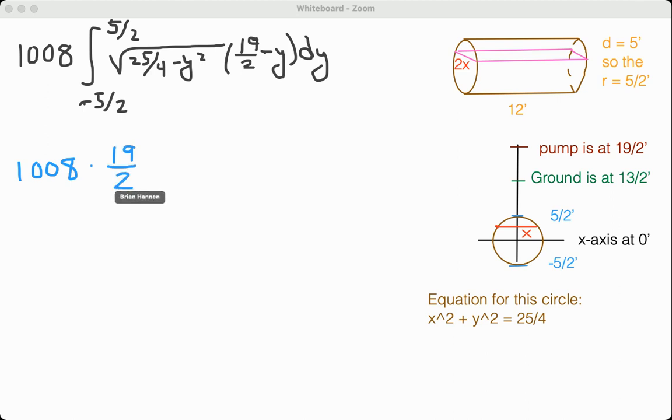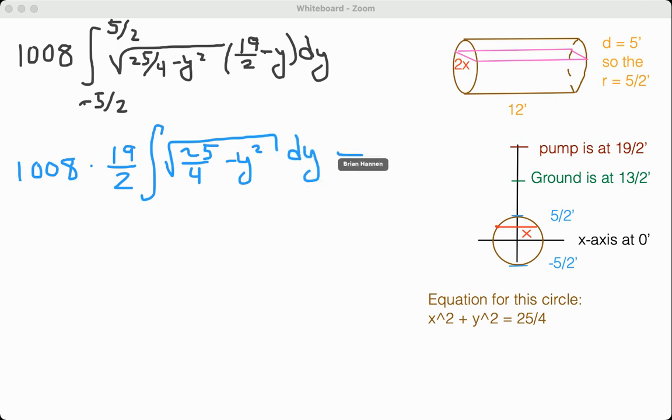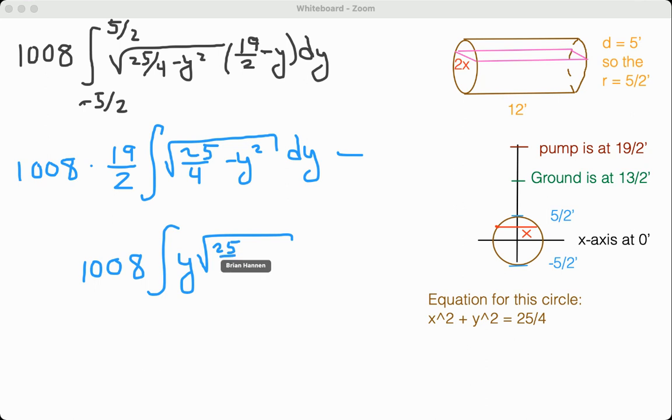What I'm going to do is I'm going to distribute this, and I've got that nice little square root there times dx minus, and then down here I'm still going to have 1008, but times the second half, which is y times the square root of 25 fourths minus y squared dy. I know I didn't put the limits in. Just pretend they're still there.